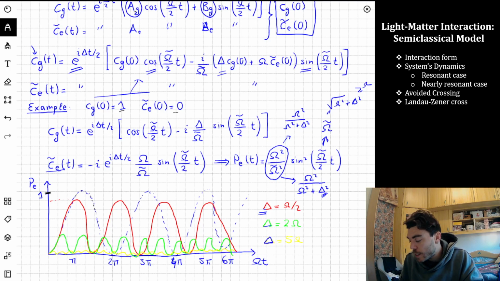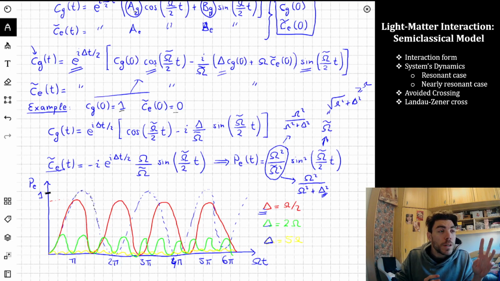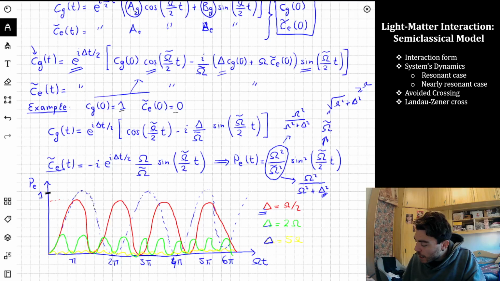You can understand this physically as simply the fact that since the laser is not tuned exactly to the atomic transition, the atom, if you want, quote unquote, sees less of the light, so the probability of the atom being excited is reduced. And this is what we see in this equation.